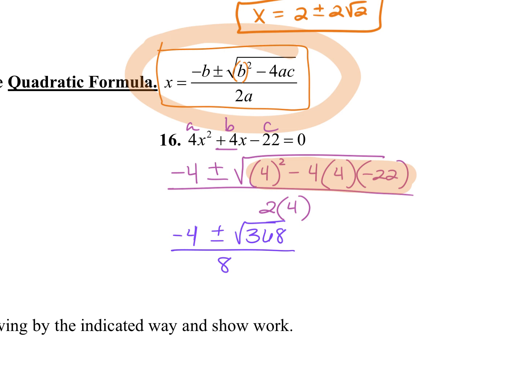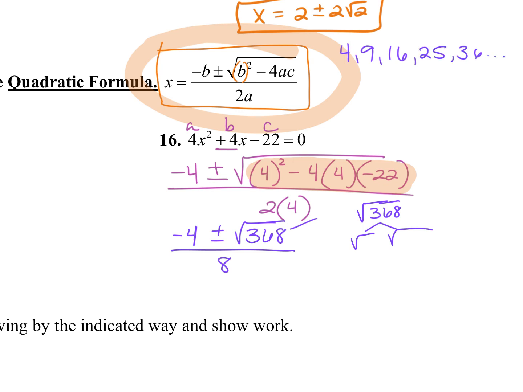What do you have to do next? Can you find a perfect square that 368 is divisible by? And remember, if you don't know, just make a list. 2 times 2, 3 times 3, 4 times 4, 5 times 5, 6 times 6, right?